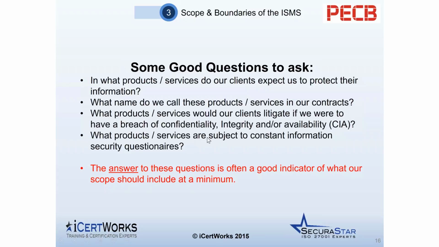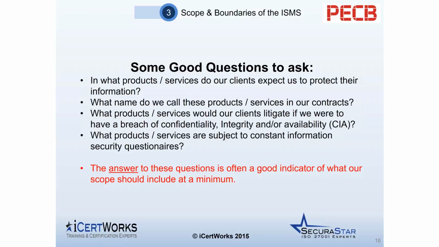And then what products and services are subject to constant information security questionnaires? Again, you can see these are all typically related to products and services and not typically related to other parts of our organization that our clients don't care about.